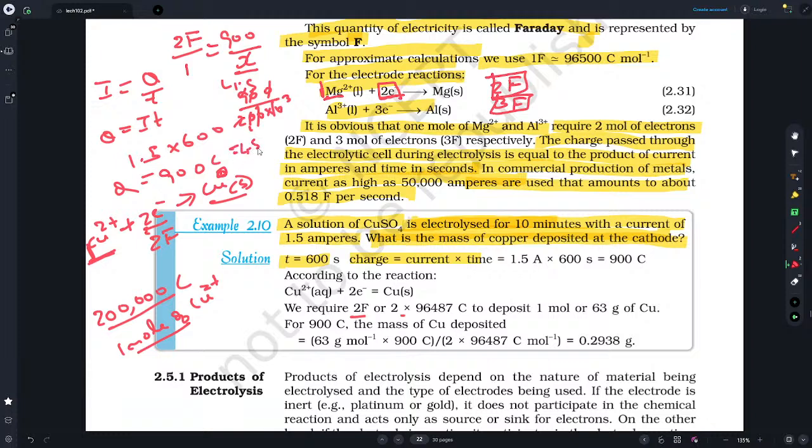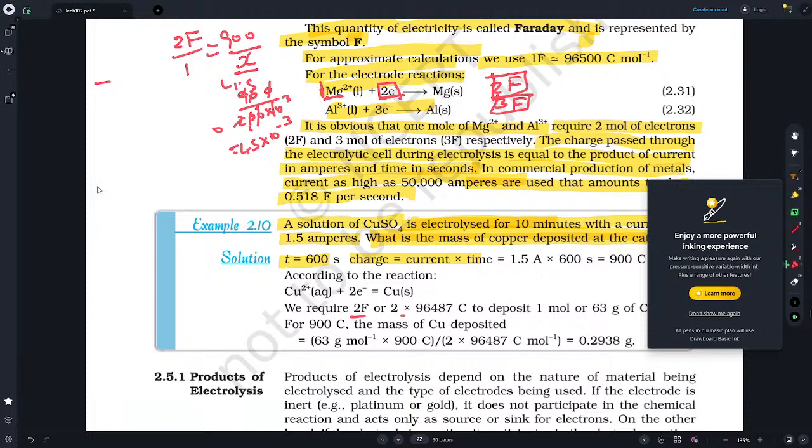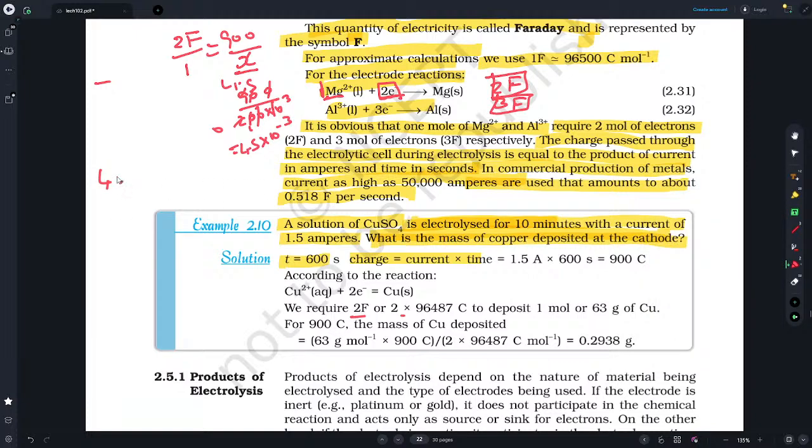We will get an approximate value of 4.5 into 10 power minus 3 moles, and if we divide this by the molecular mass of copper, which is 63, we get an approximate value.